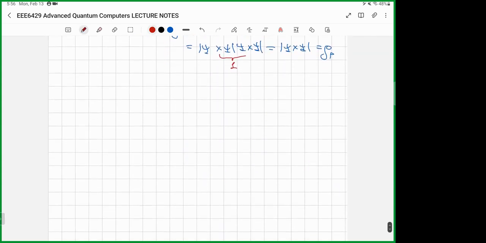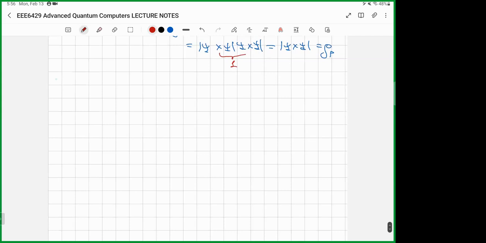Well, now let's make a side note regarding the physical meaning of these elements of the density matrix.